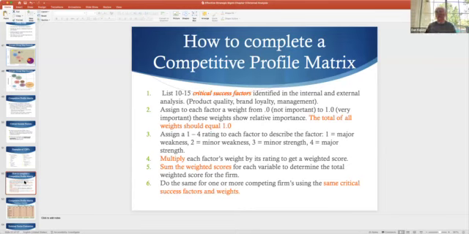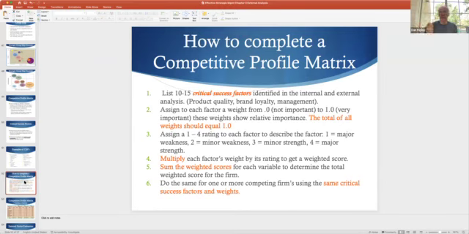Rate your food quality. 1 being a major weakness, 2 being a minor weakness, 3 being a minor strength, 4 being a major strength. Bryce, being honest, goes, well, I know it's a strength for our firm. We have strong food quality, but it's not as good as Joyce's. So it's a strength, but it's not major.